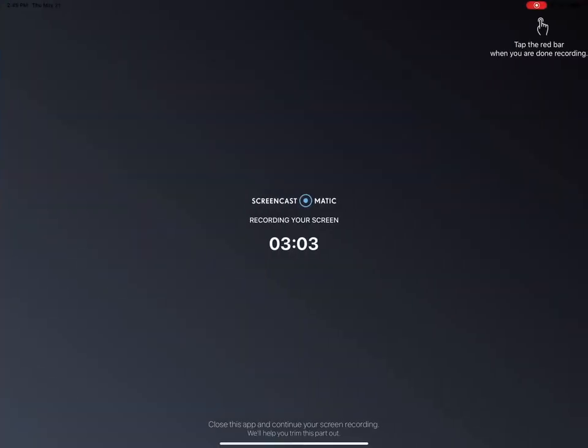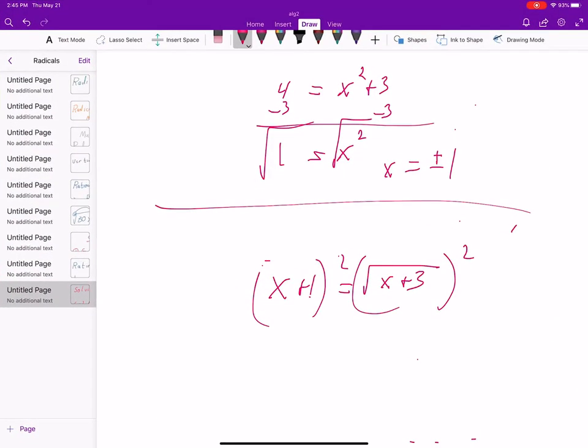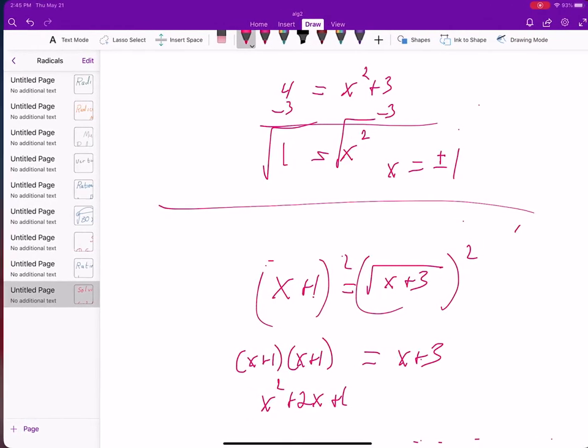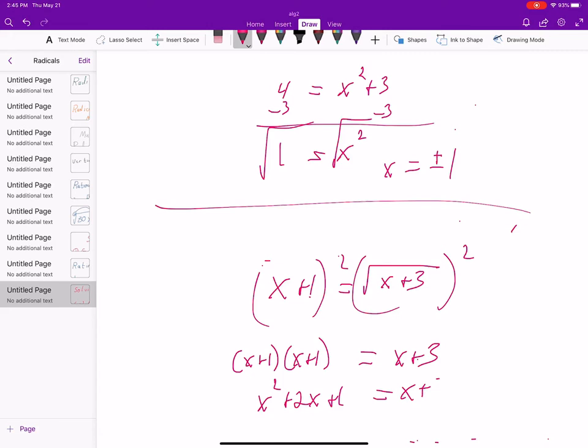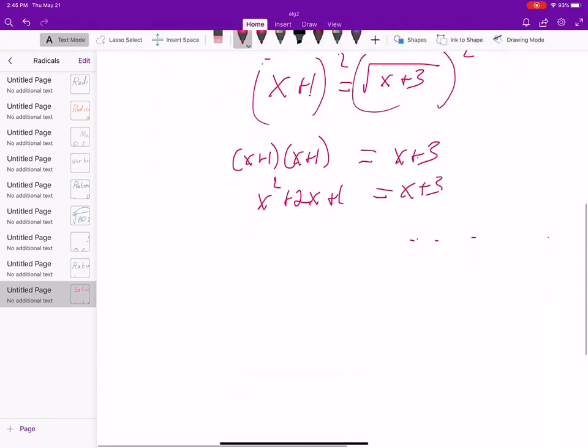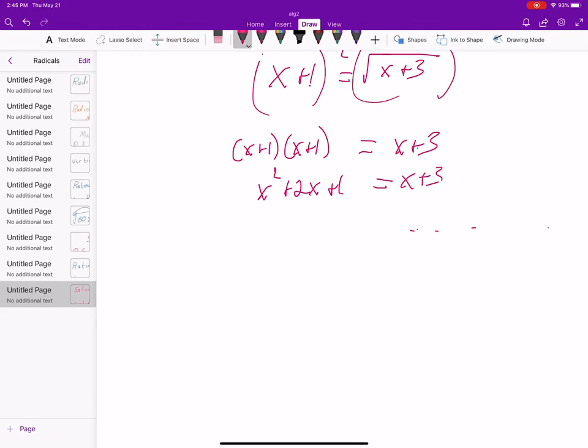But remember that that is x plus 1 written twice, because it's squared. The right side you're going to square and get x plus 3. So we have x squared plus 2x plus 1 equals x plus 3. All right, so there's my start right there. Now I'm going to put everything over to the other side.